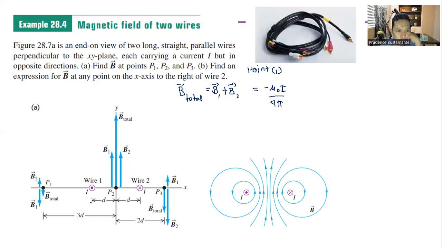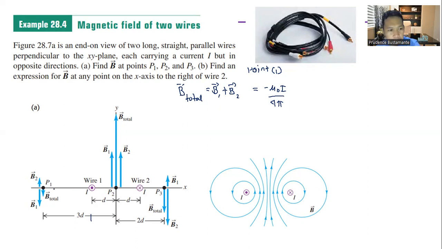Okay, point two, this point two, D. What is this distance here? So this is actually 3D. Okay, so maybe we'll start at point two.